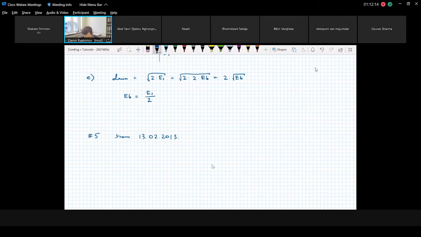Okay, we have the following problem. We assume that in the time interval from 0 to capital T, our observation time, we have 5 signals, S1 of t up to S5 of t.